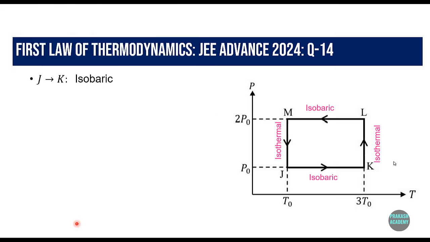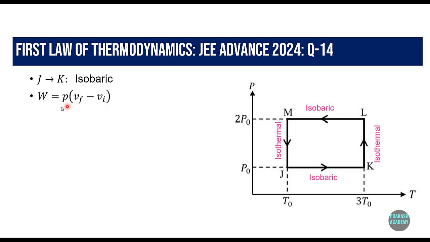Now let us consider process J to K. In this case pressure is constant, that is why this is a isobaric process. Now in case of isobaric process, the work done is given by P times dV, and dV is Vf minus Vi.